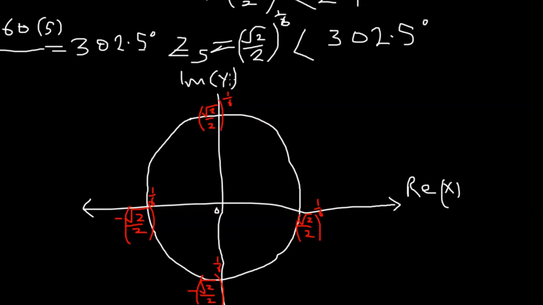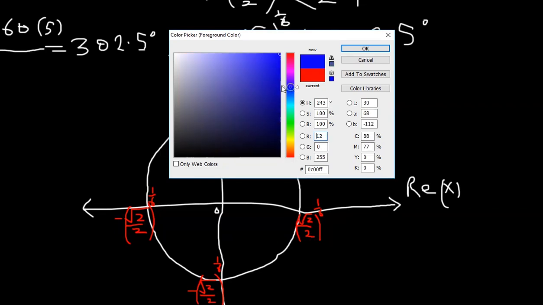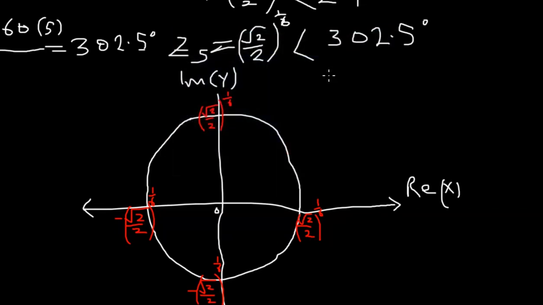So the first argument we had was, let me just use blue, 2.5. So I'll write my 2.5. So this is going to be my Z1, and then I'll denote this one as 2.5 degrees.